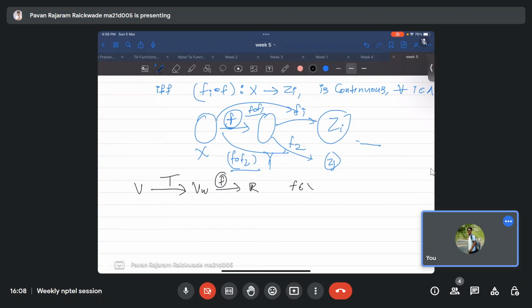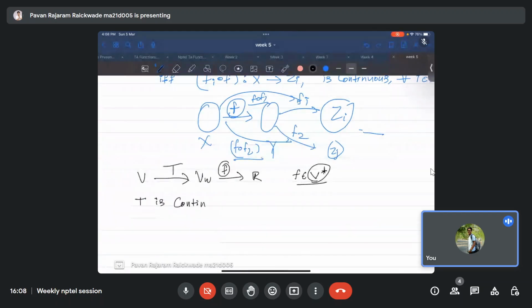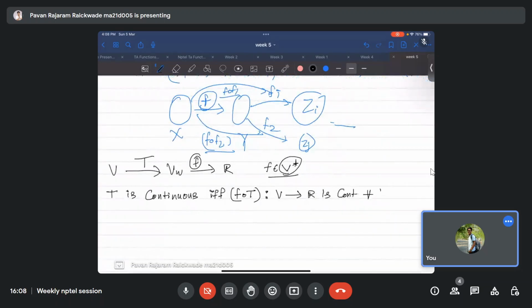F belongs to V star. From this family of functionals, V star, we define the weak topology VW. So, according to the previous lemma, T is continuous if and only if F composite T, this will be from V to R, is continuous, right? For all F belongs to V star.